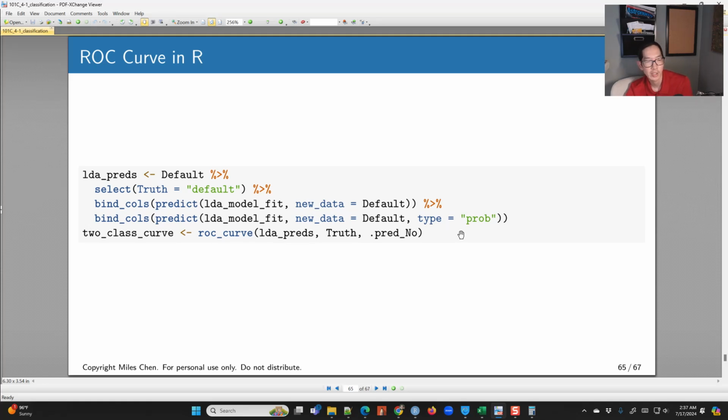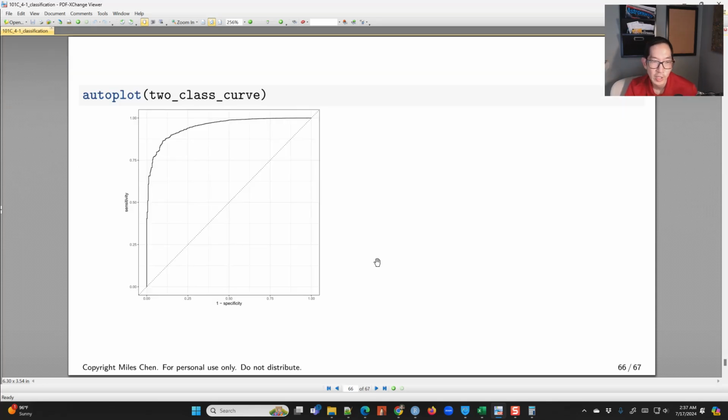Then you create the ROC curve. You give it the truth and your probability of predicted no, which is the group of interest here, and this is going to draw the ROC curve. That's what you end up getting.